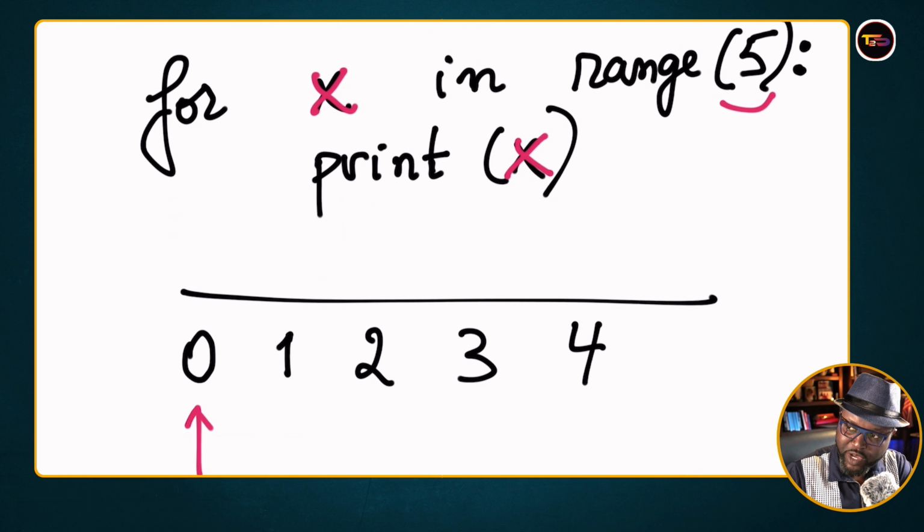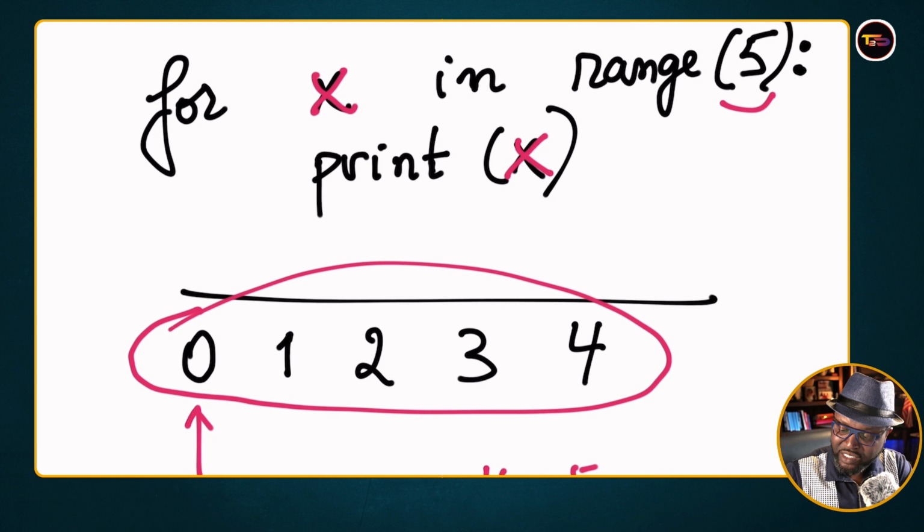So you remember we have 5 there. For the computer, 0 also counts as the first number, then you have 2, 3, 4, 5. That's why the output should be this. I'm going to take you to the command line, and we will play with that and see what happens.